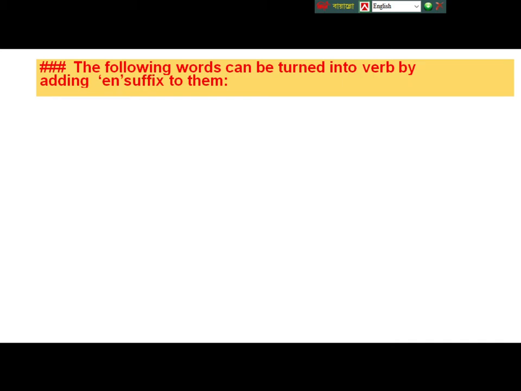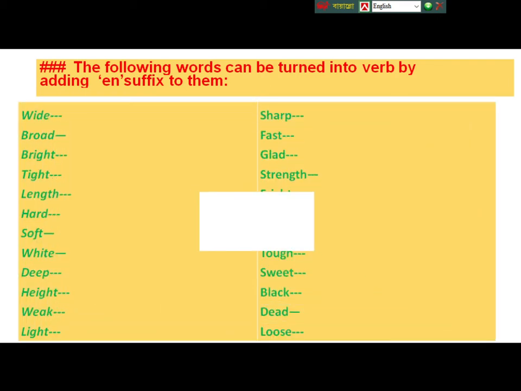The following words can be turned into verbs by adding the en suffix to them. Here are the words, we can turn them into verbs by adding the en suffix to them.